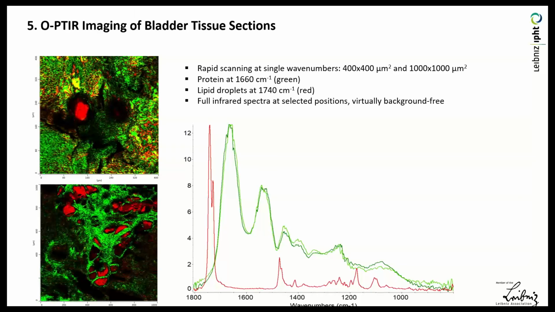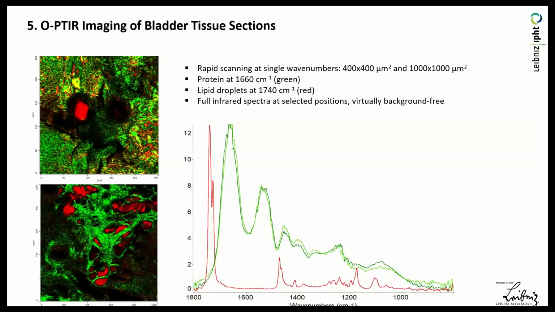There are a few dark regions, and the reason is that the OPTIR system is very confocal, and you have to focus both the infrared pump laser and the visible probe laser within 1 or 2 micron.